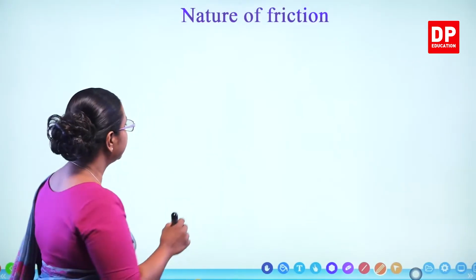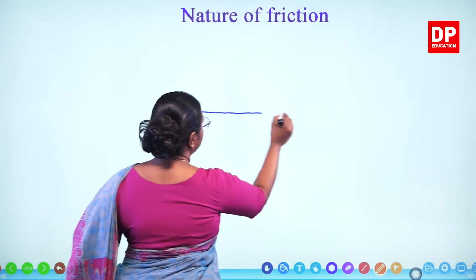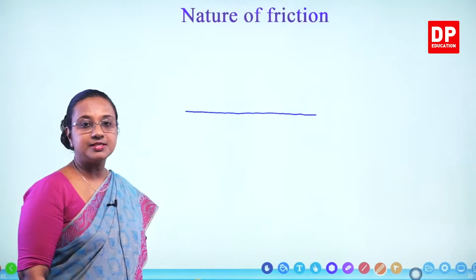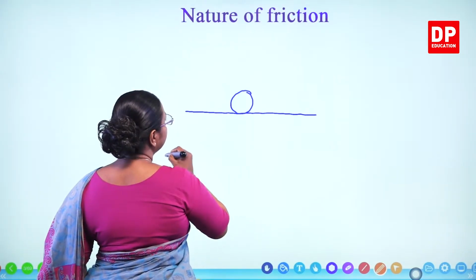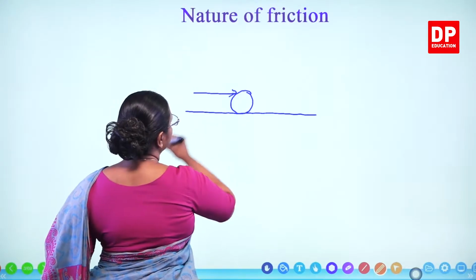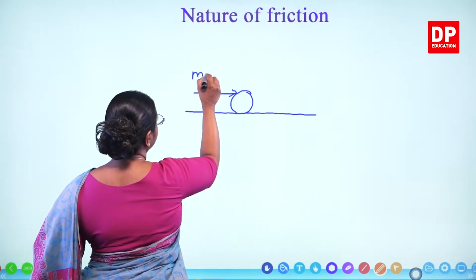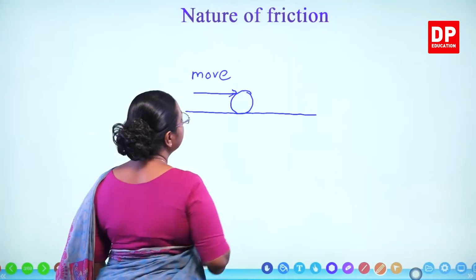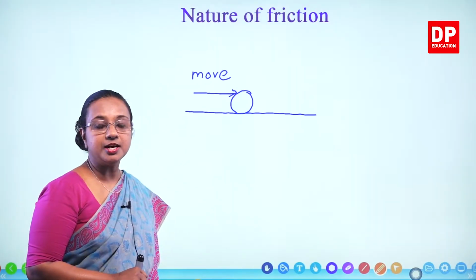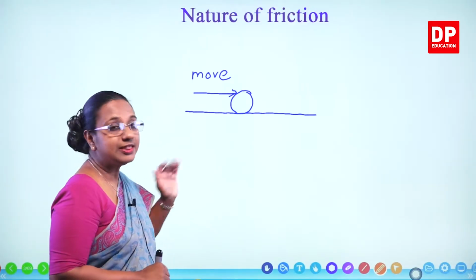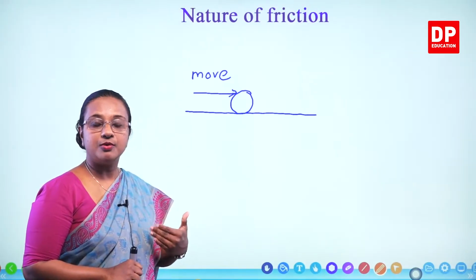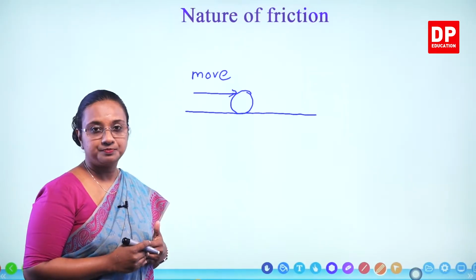Let us consider this example. Now let's say there is a surface. As I said, there is an object here. And when we give a force, the object is going to move in one direction. So this is a moving object. But with time, it slows down and stops.